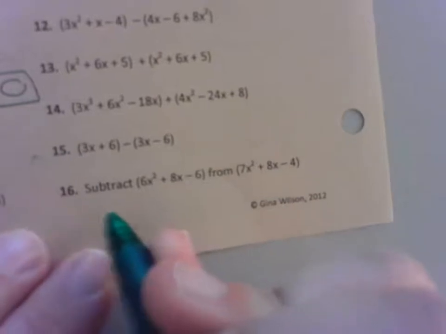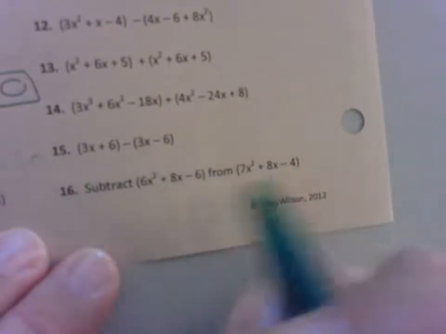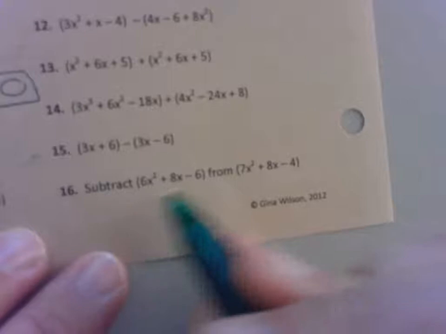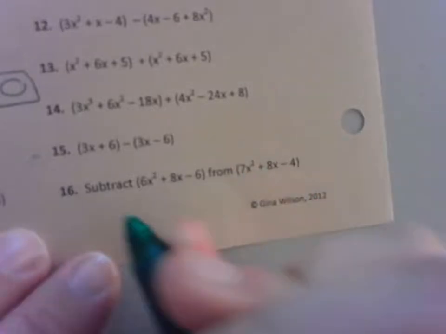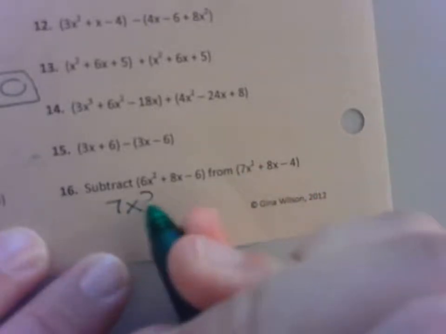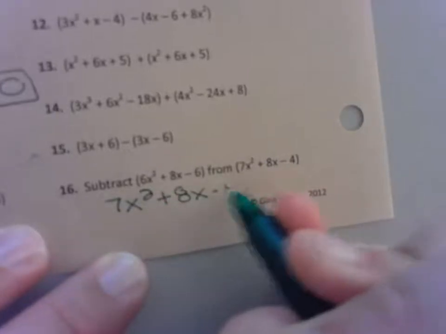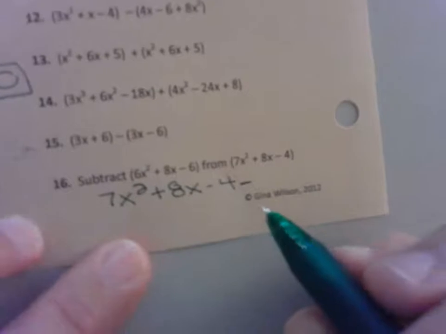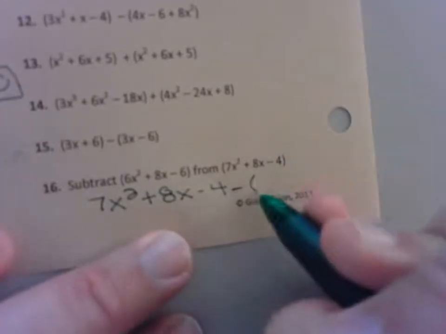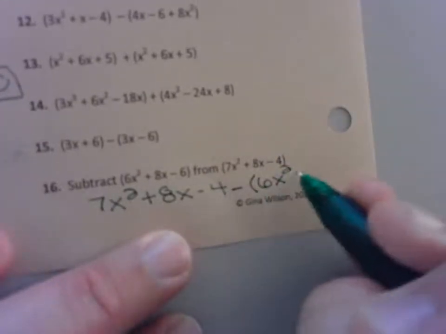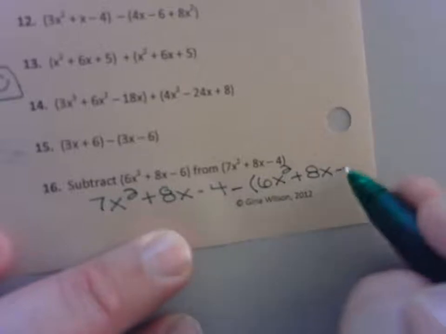Like we did last unit, the 7x squared one comes first. So 7x squared plus 8x minus 4, and I am subtracting the other one from that. So minus 6x squared plus 8x minus 6.